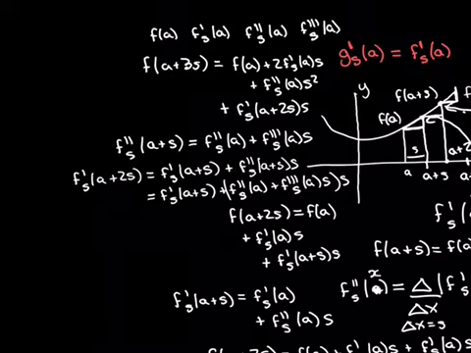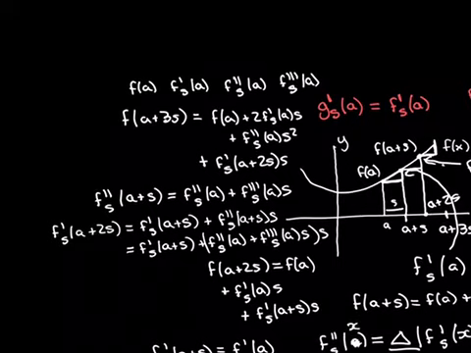Right, how are we getting on then? So going back up here, we've got this. This is what we need, f prime at a plus 2s. So we now just need to stick this, oh no, we need a value of this.